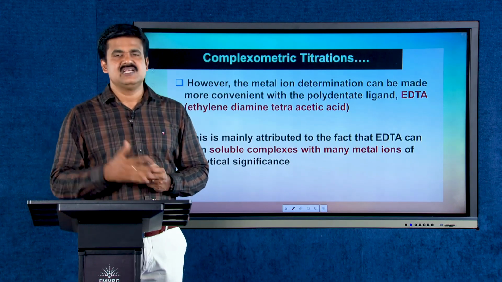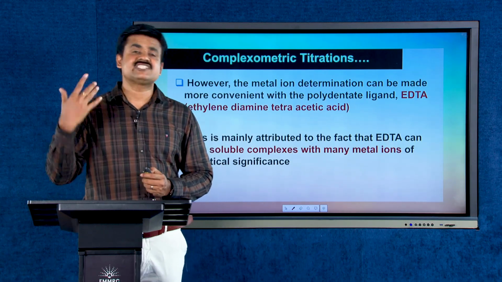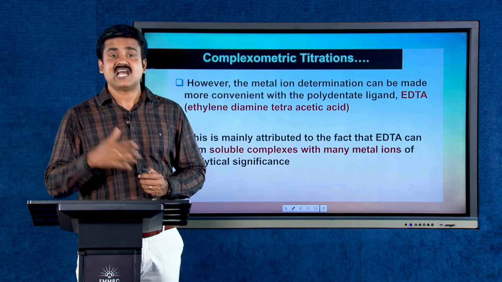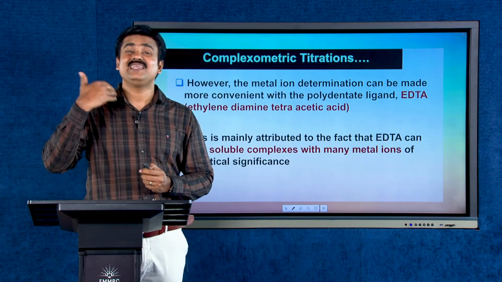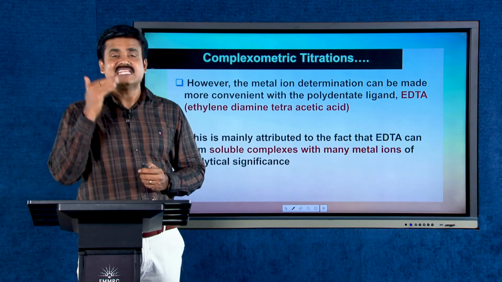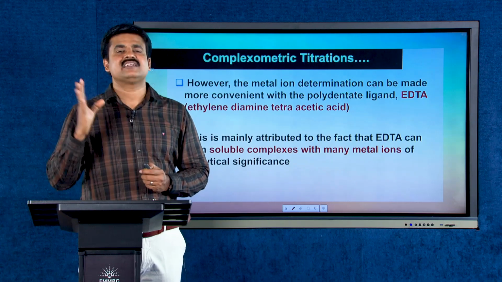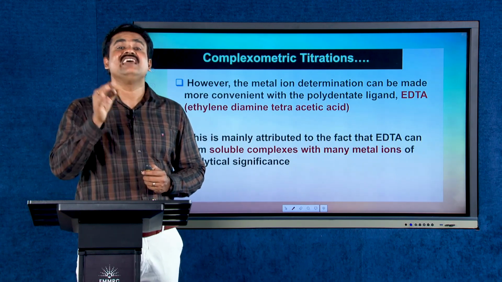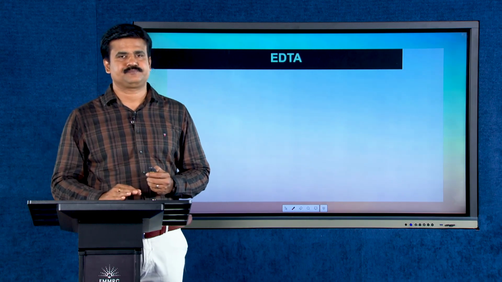For example, zinc ions can be titrated with EDTA, as can magnesium ions, nickel ions, cobalt ions, calcium ions. There are so many metal ions that can be estimated using complexation with the help of ethylene diamine tetraacetic acid. So remember, ethylene diamine tetraacetic acid is an indispensable reagent in complexometric titration.